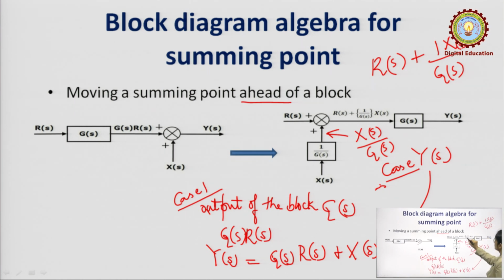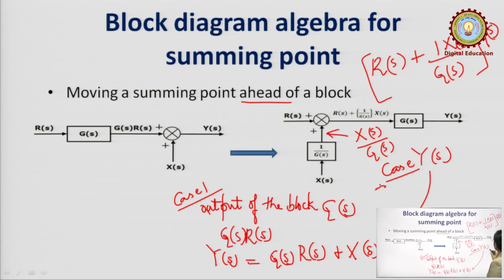This signal is now fed to the block g of s, so y of s will be this multiplied by g of s.